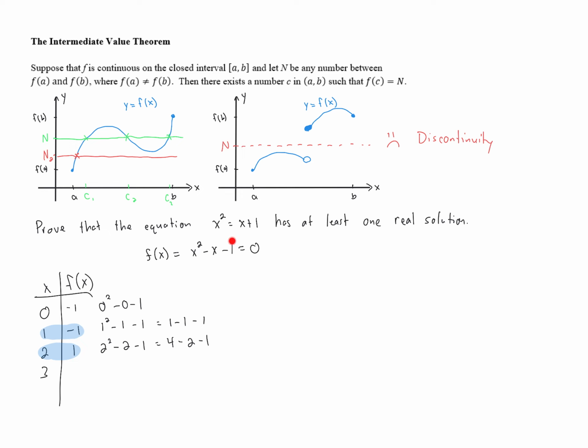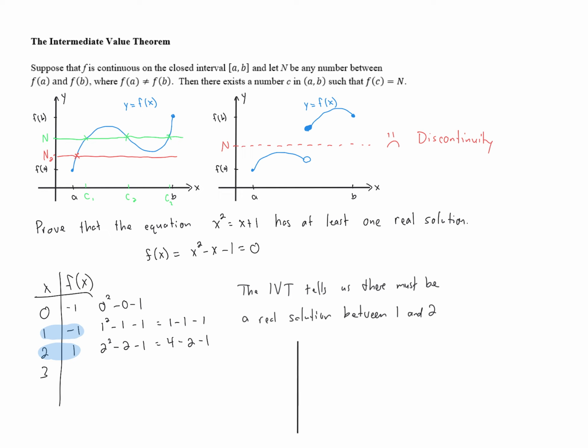And we said that a 0 of the polynomial would give us a solution to the original equation. So the intermediate value theorem, the IVT, tells us there must be a real solution between 1 and 2.